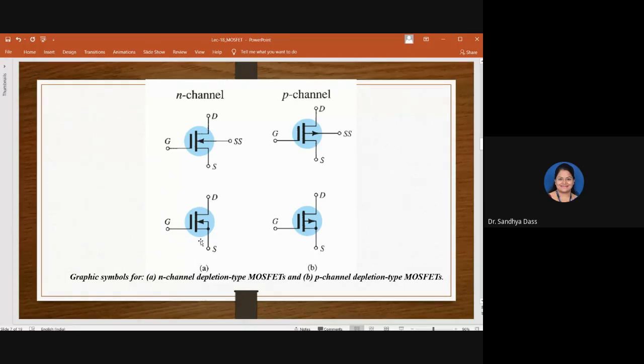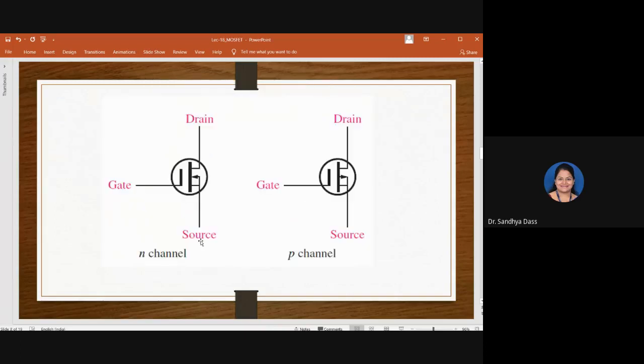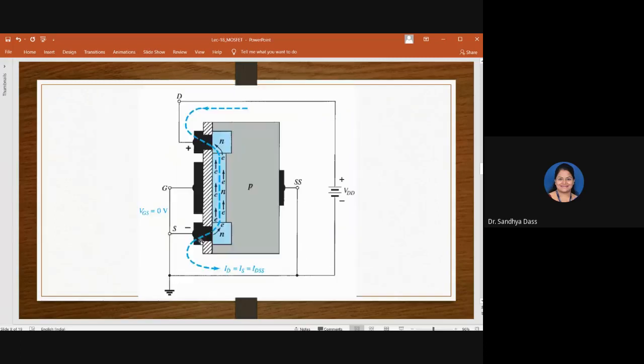We'll go for the working and the operation. As we know, biasing has to be done in order to make the device conducting. So how do we do that? We provide the external supply, VDD, applied between the drain and the source terminal.